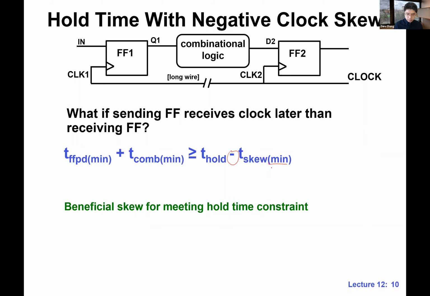And we take them in here because this one covers t hold minus t skew max. And effectively, in this case, the hold time window is shorter or smaller, which is more challenging.